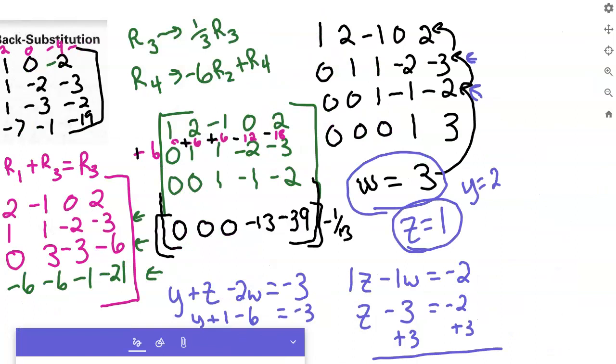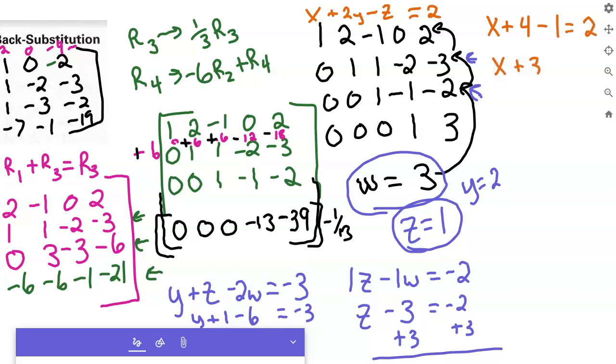And finally, the top equation, that is x plus 2y minus z equals 2. Because there's no w, there is no w to plug in, which is kind of nice of them. So x plus 2 times y is 4, minus z is 1 equals 2.